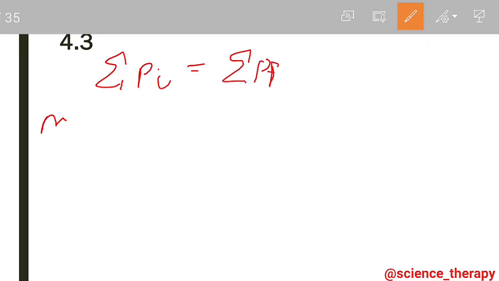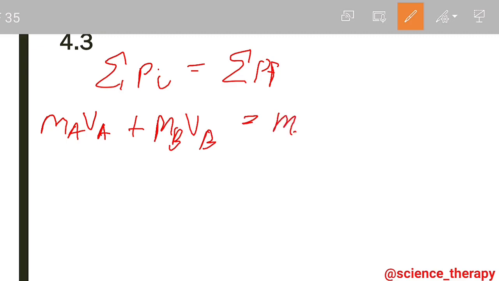Now we have mass of A multiplied by its initial velocity, plus mass of B multiplied by its initial velocity. And again we have mass of A multiplied by its final velocity, plus mass of B multiplied by its final velocity.